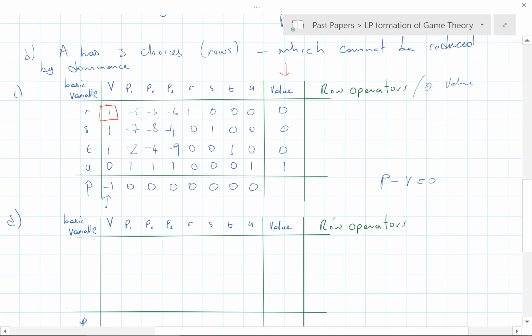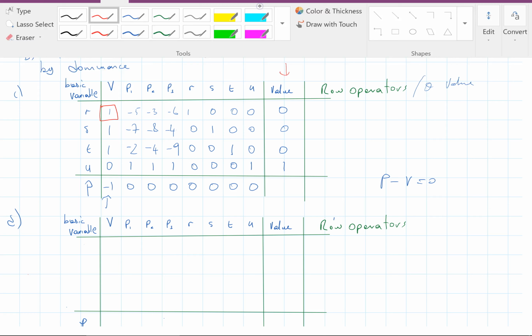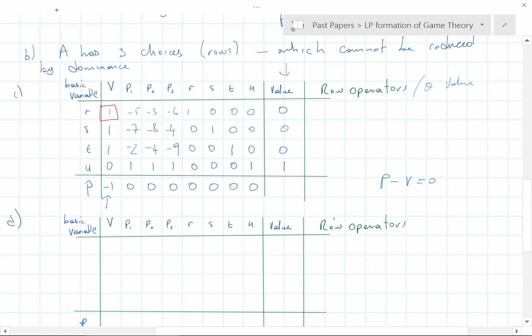Okay. Now, in this case, that means because that's our pivot, we swap out the thing in our pivot column in the row there, V, S, T, U. Right, now for row operators, because we've got a 1 there already, remember we would need to reduce this to 1, but in this case it doesn't mean doing anything.